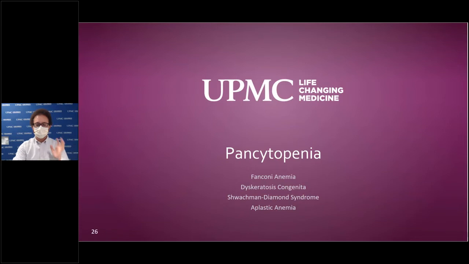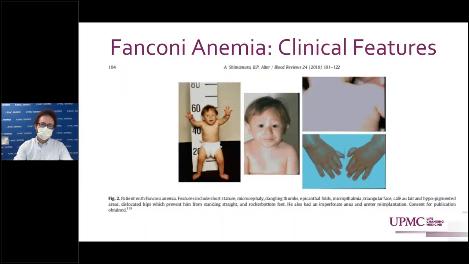Okay, jumping into pancytopenia. So this is all different cell lines. First is Fanconi anemia. It's kind of a misnomer that it's anemia, which you think of as a low red blood cell count, but this includes all cell counts. It also has some very typical clinical features. So these are some pictures: you can have short stature.